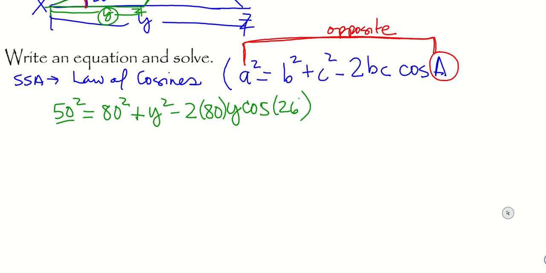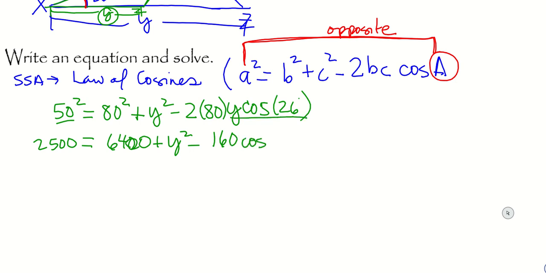So I've got 50 squared, which is 2,500, equals 80 squared, which is 6,400, plus y squared minus 2 times 80, which is 160. And I'm going to swap the order of these two terms.